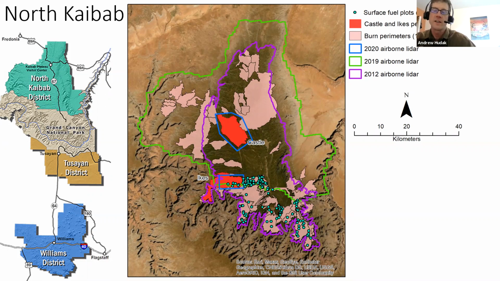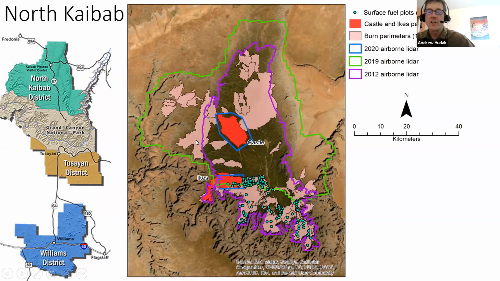It's important to make that temporal relationship as close as possible, but also the spatial. We want accurately geolocated field plots so that we get a good spatial clip of the point clouds from which to calculate metrics to then compare to our fuel attributes measured in the plots.